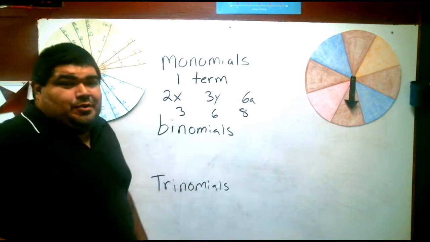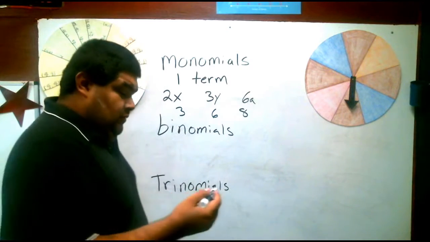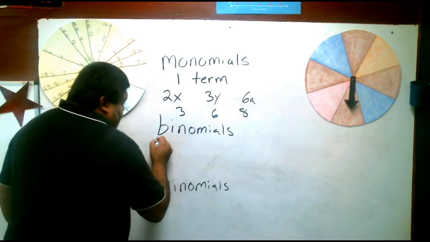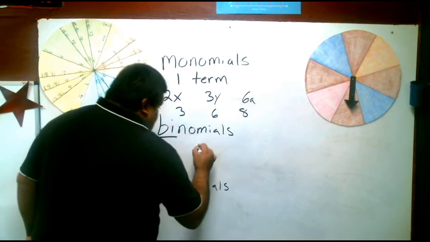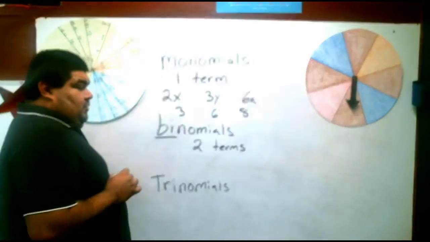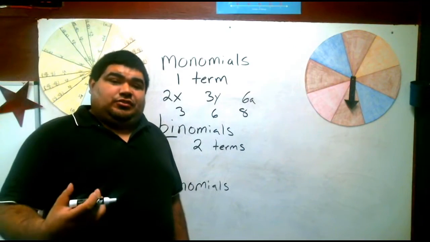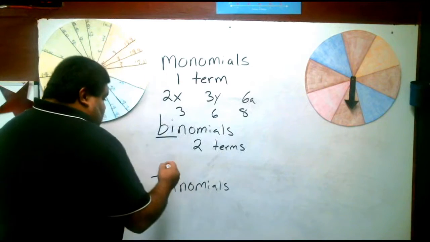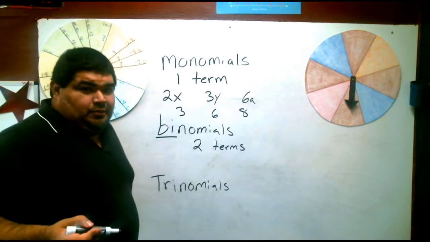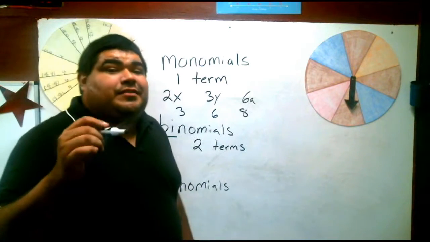A binomial has two terms. It says it in the name, bi, more than one. Two terms, meaning this is when you start combining, making expressions. Expressions are, if you still don't know, numbers with variables that don't have an equal sign.